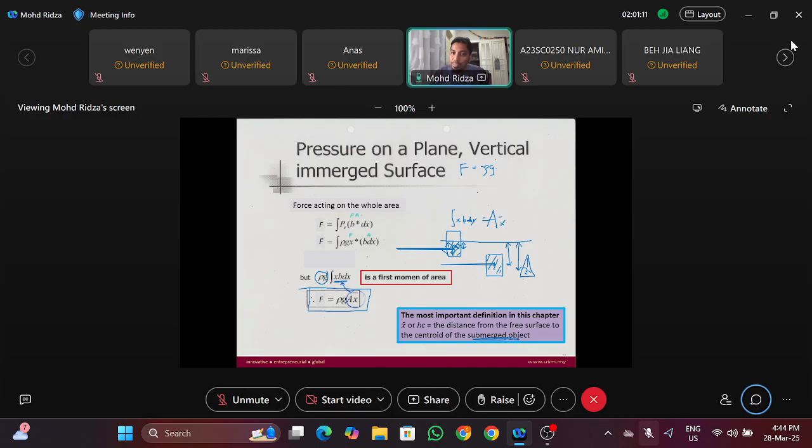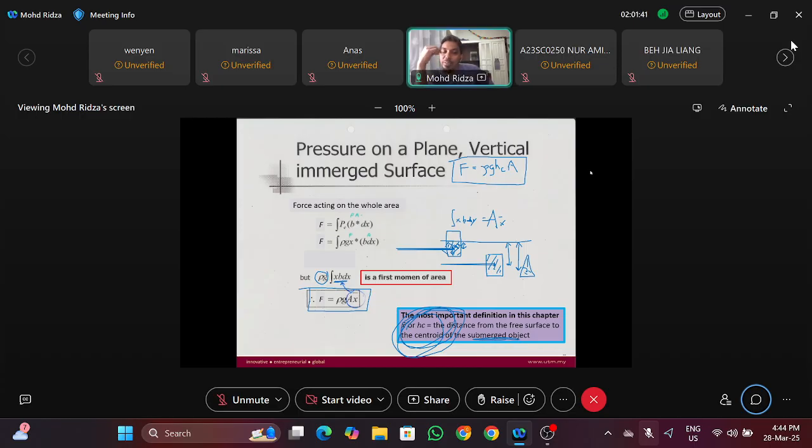I'm using hc. So this is the pressure, times by A. Where is my A? This is the most important definition. This is the most important equation for the hydrostatic chapter: rho g hc A.